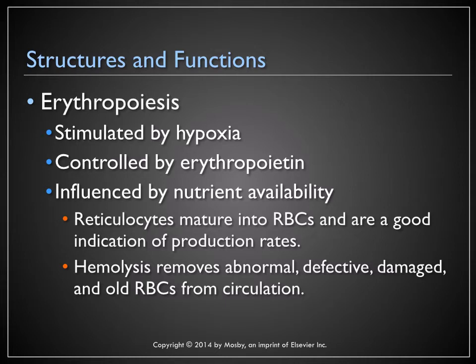Several different cell types evolve when the RBC is maturing. The reticulocyte is an immature RBC that can develop into a mature RBC within 48 hours of release into the circulation.